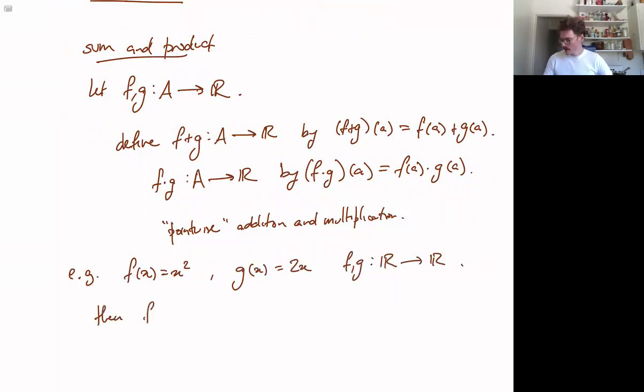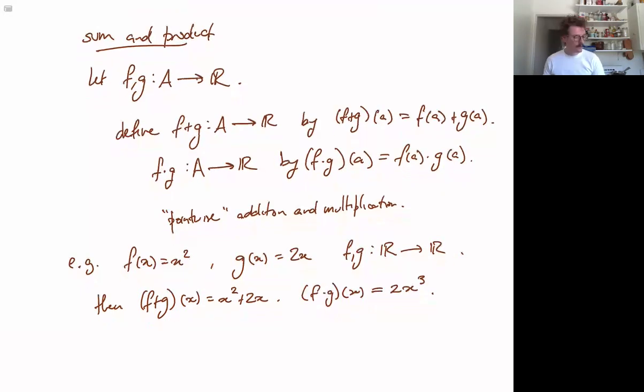Then f plus g is the function defined by sending x to x squared plus 2x. And f times g is the function defined by sending x to, I guess we would get 2x times x squared, which is 2x cubed. So, if you have a formula for your function, you're just going to add the formulas or multiply the formulas. Nothing too special going on here.